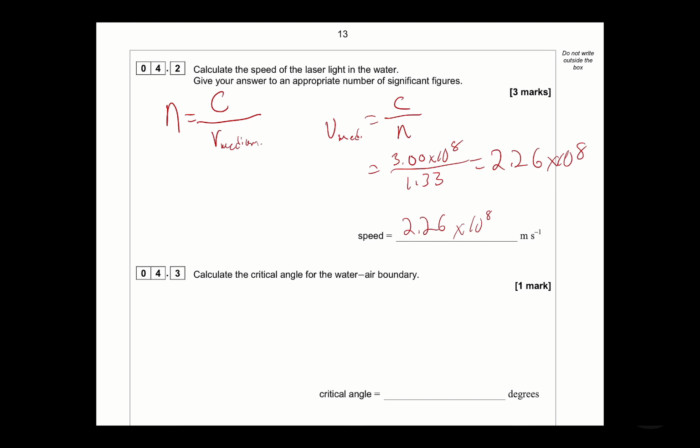Okay, so critical angle. Sine theta c is equal to N2 over N1.